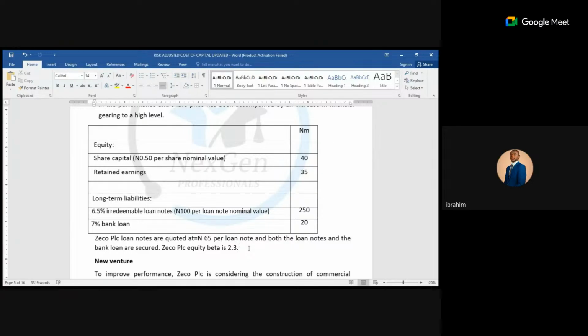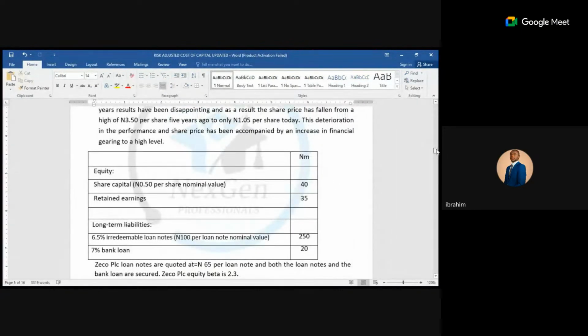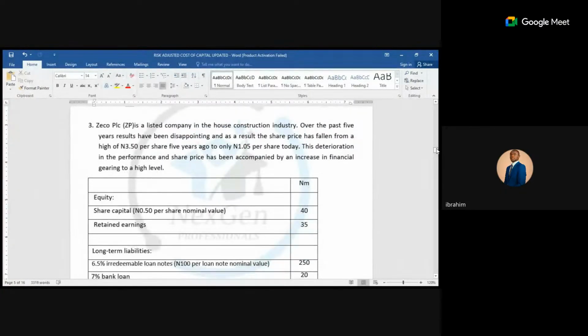Now, in another case scenario, we have the value of equity. So how do we determine the value of equity, class?